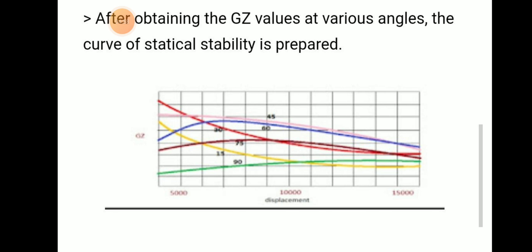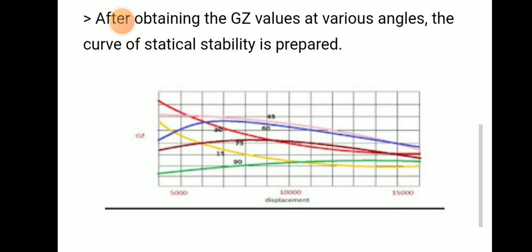Like I mentioned, to draw the curve of static stability, we need GZ values at various angles of heel. These can be found from the GZ cross curves of stability, where righting lever is plotted against displacement. Various curves are plotted for an assumed KG, and it is called a cross curve because the curves cross each other.